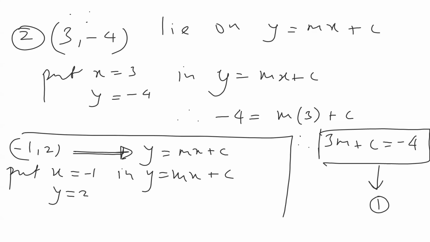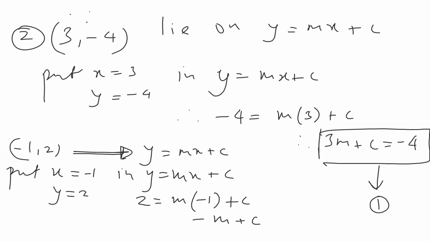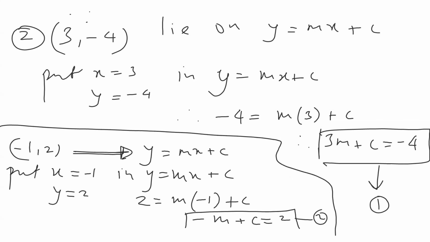So y is equal to 2, m into -1, plus c. So one more equation we get, that is minus m plus c is equal to 2. And this is equation number 2.